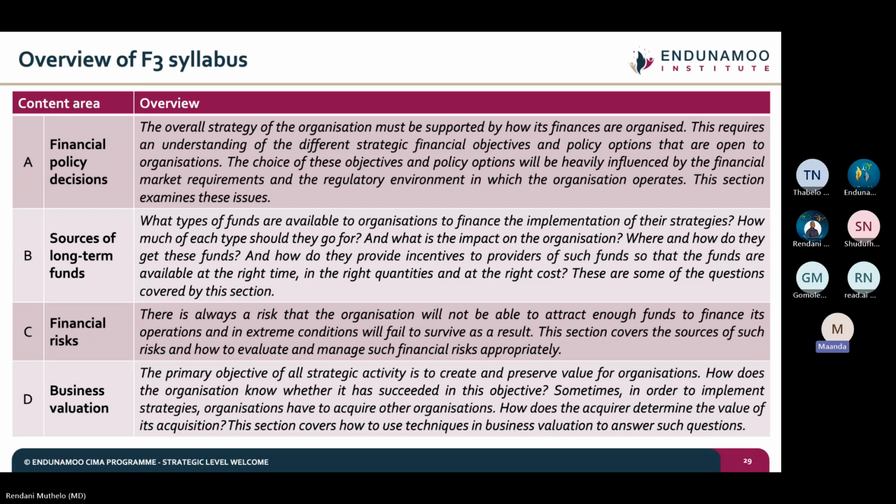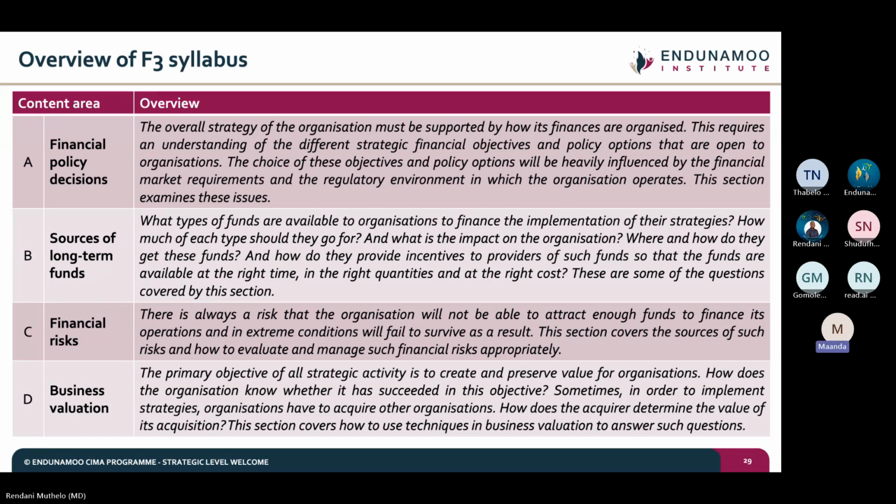They really survived and they were better positioned to weather the storm, right? So it's very important to have a financial strategy that speaks to your financial risks and helps you as management to understand those risks, and you have to explain them to the board as well, to say these are our financial risks and this is how they affect our company. So those are some of the things that we are going to unpack.